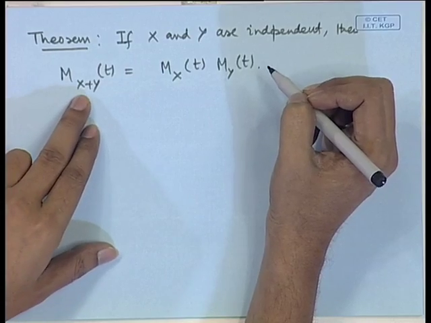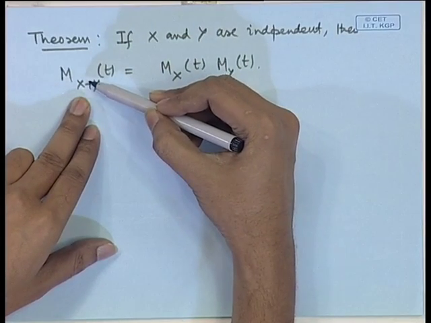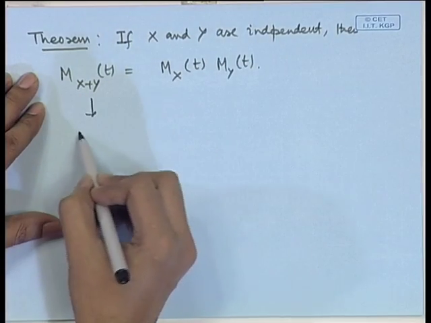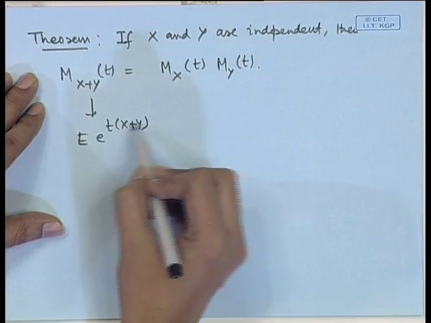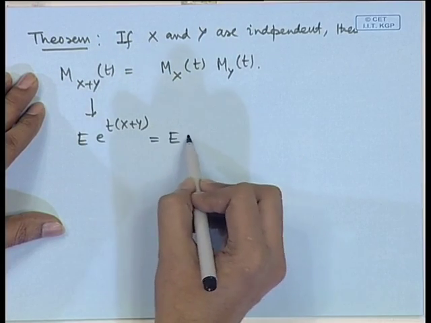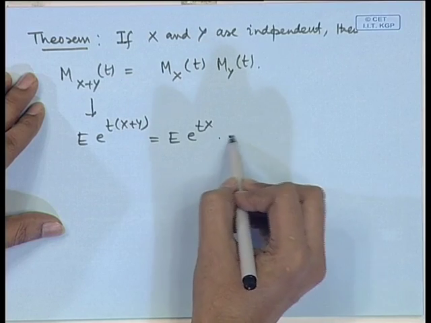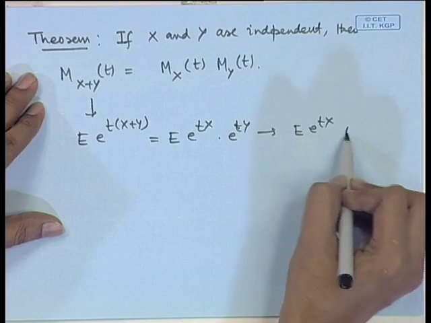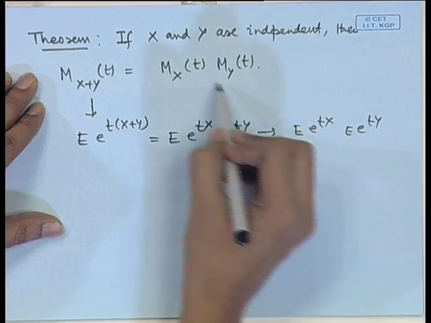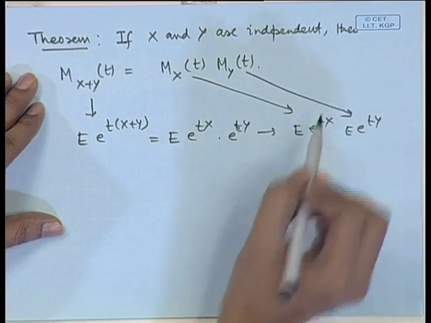The proof of this is almost trivial. The left hand side is expectation of e to the power t times x plus y, and so if independence is there, this can be written as e to the power t x into e to the power t y, which will become expectation of e to the power t x into expectation of e to the power t y, which will be this term and this term respectively.